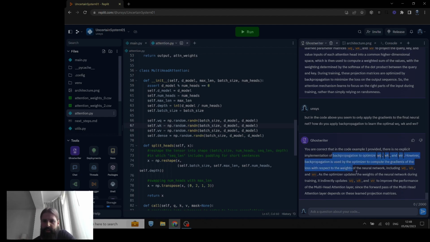That doesn't seem true. As the optimizer updates the weights of the neural network during training, it indirectly updates. That just makes no sense. What do you mean indirectly? If I just do this multi-head attention, either I change these or I change the neural network weights.